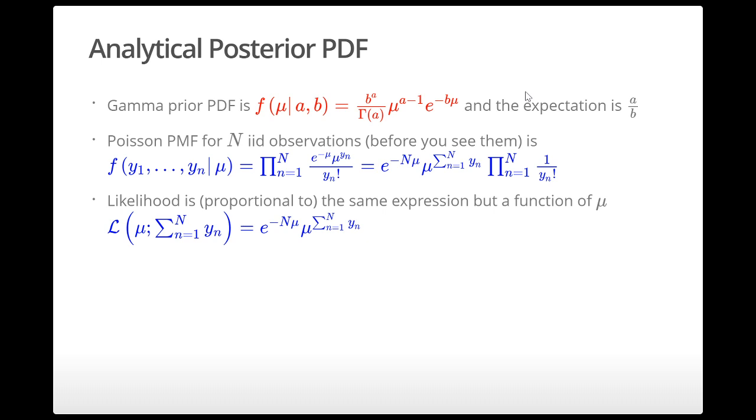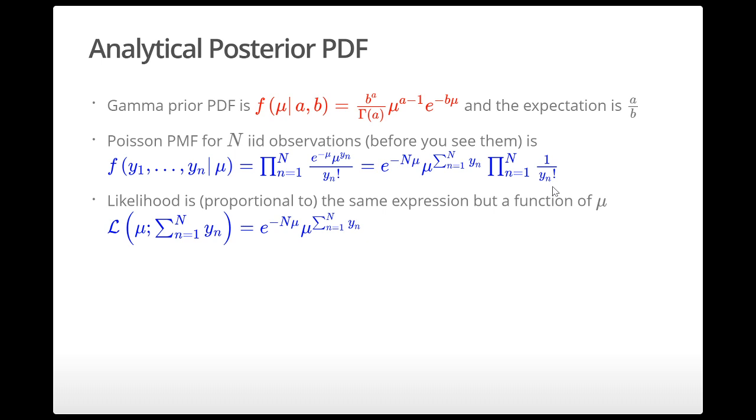Then before you observe the data, the Poisson PMF for n observations can be written like this in the middle, but observe that we can simplify this product by pulling out the e, and then we have mu with the sum of the y's in the exponent. The only thing that we actually have to take a product over is this ratio of factorials.